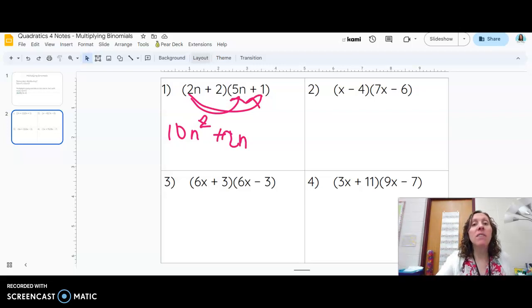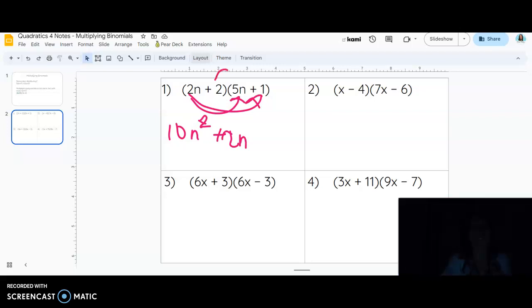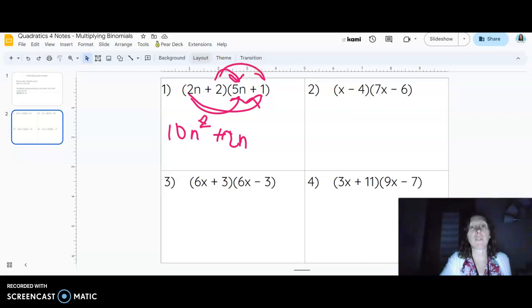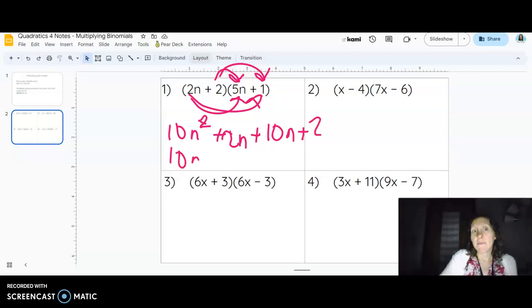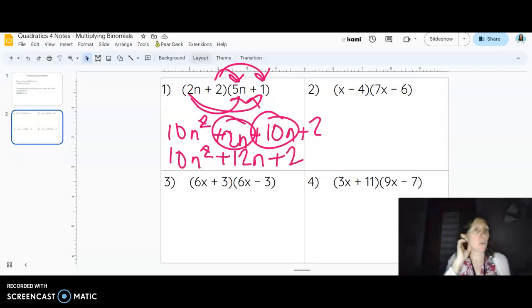Then we have to take that other 2 from the first parentheses and multiply it by both of these numbers over here. So 2 times 5n is 10n, and 2 times 1 is 2. We'll keep the 10n squared. But then we can combine 2n and 10n to make 12n, and plus 2 at the very end.